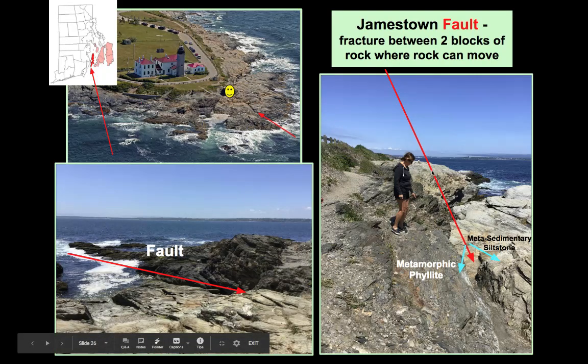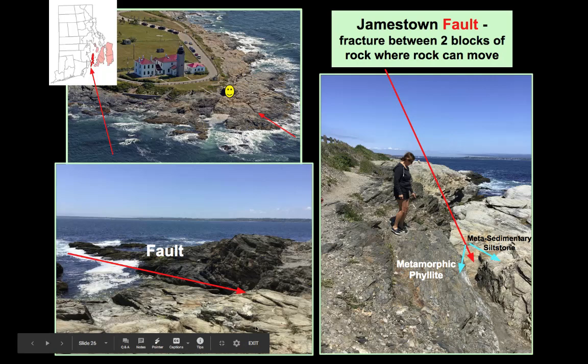So, three different views of the fault. Here's the fault line coming right from the ocean, okay? Here's me standing on the fault line. And for reference, I'm right about here where the smiley face is. This lower left-hand picture is the fault line coming from the ocean.